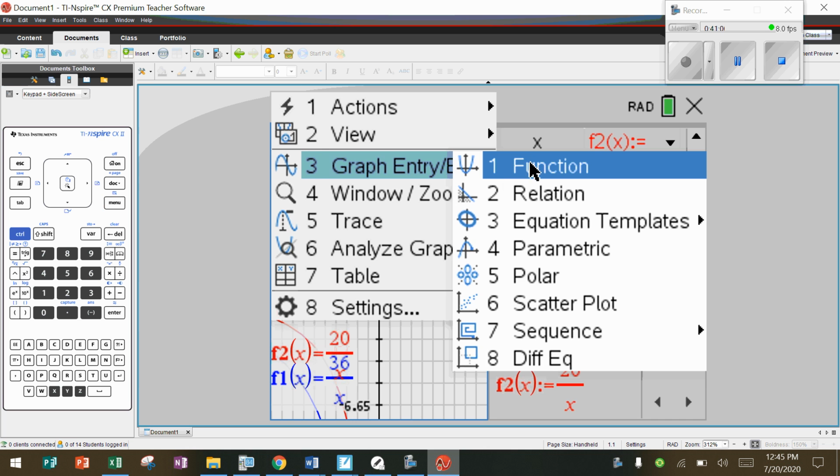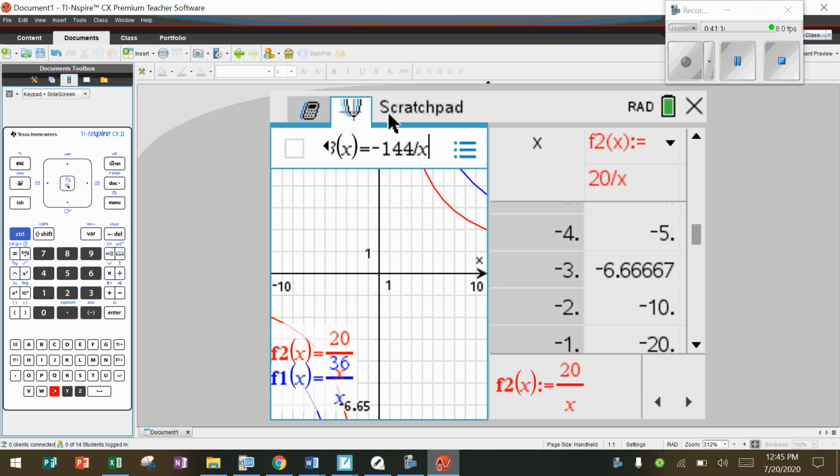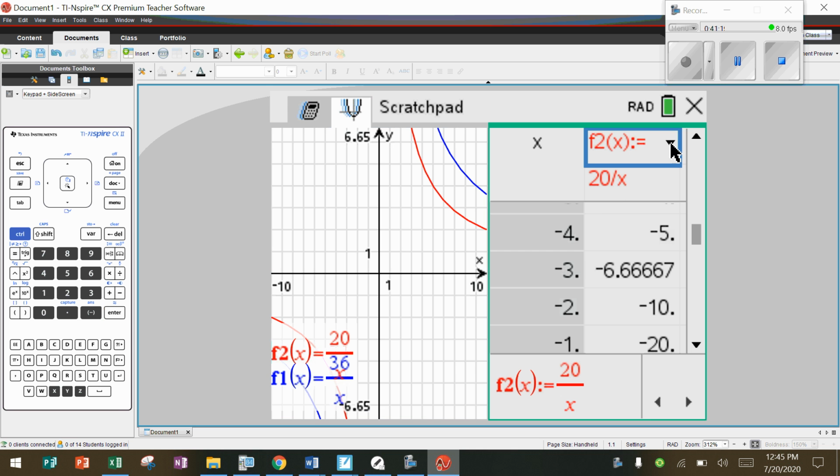That is a function. So now I can type in my number, negative 144 divided by x, and then hit enter. And then back over to my table, I hit the little drop-down menu so I can choose function 3. Now here's my table of values for negative 144.